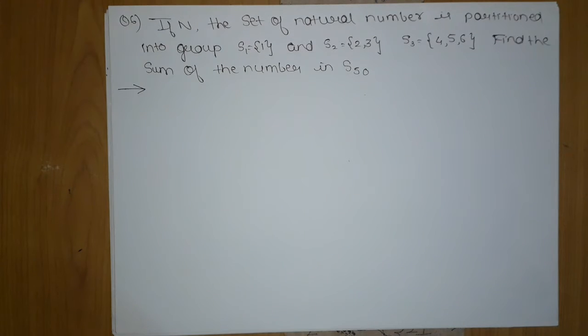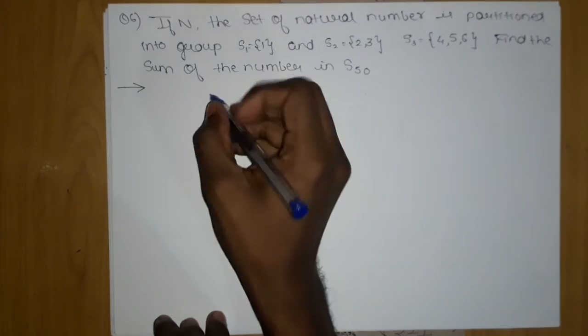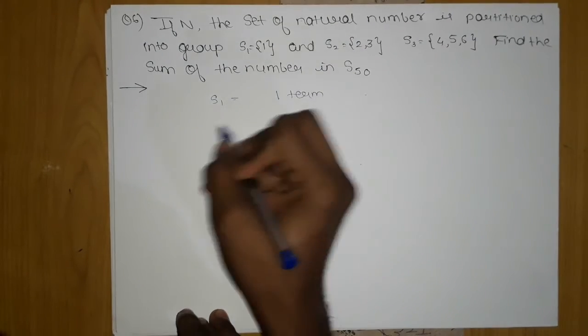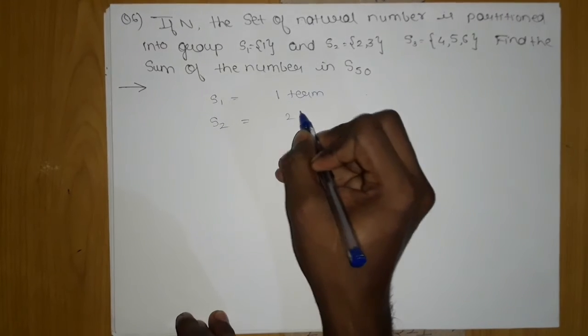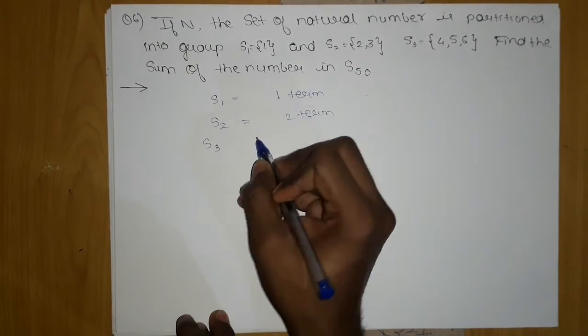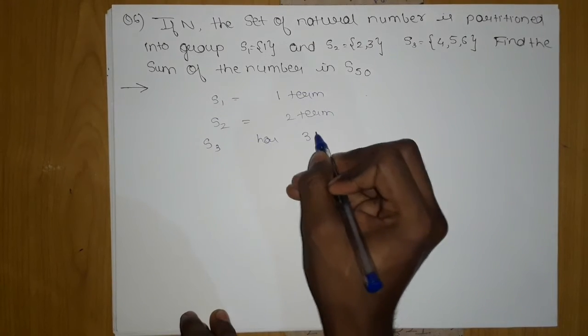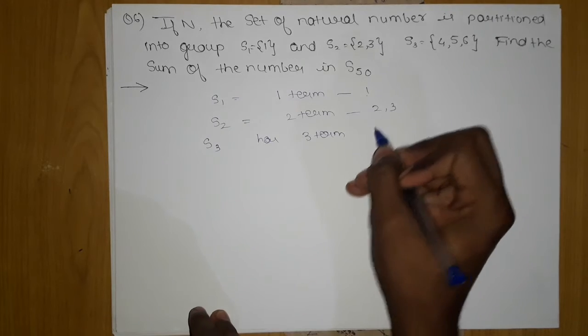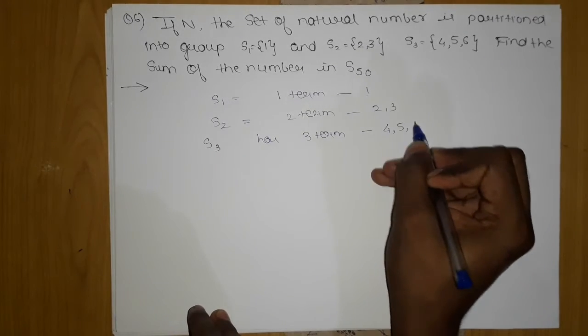Now if you observe clearly, S1 has one term, S2 has two terms, S3 has three terms. The terms are 1, 2, 3, 4, 5, 6.